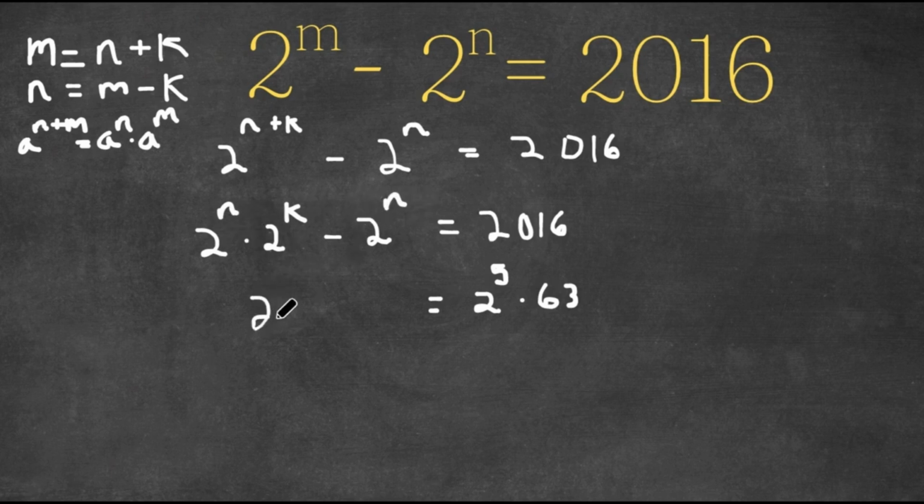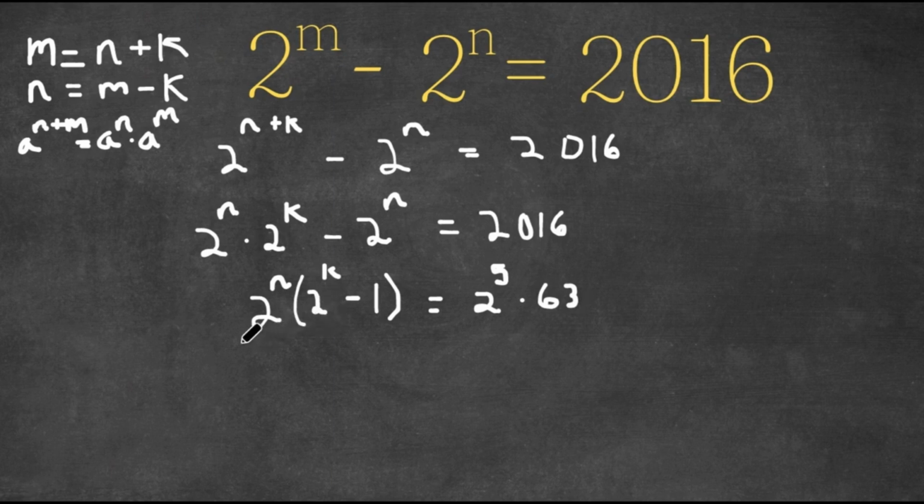If I factor out 2 to the power of n, I get 2 to the power of n times 2 to the power of k divided by 2 to the power of n, which is simply 2 to the power of k, and 2 to the power of n divided by 2 to the power of n is 1, so minus 1. So we get 2 to the power of n times 2 to the power of k minus 1, and this is still equal to 2 to the power of 5 times 63.